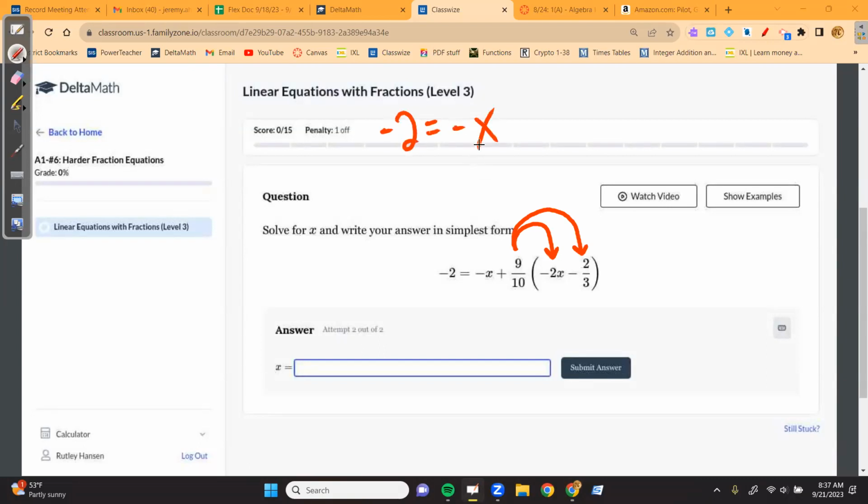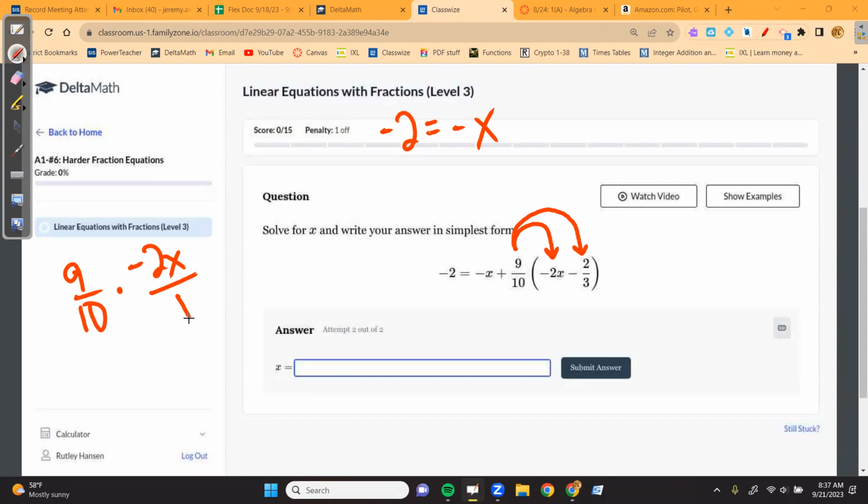I'm going to take that negative x, I'm going to copy it down, and then I'm going to roll up my sleeves, take a sip of coffee, maybe pop my knuckles, stretch a little bit, and say, I'm sorry, this step sucks, but I'm going in. So what I have to do now is take that first red arrow, which is 9/10 times -2x over 1. Do you see that? Why did I put -2x over 1?